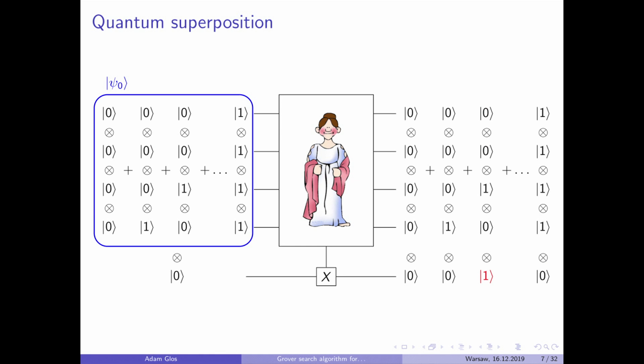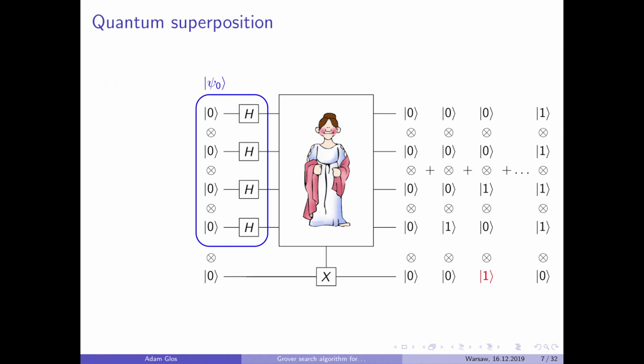So it's something that we could say is a random check, a random query. Obviously, we have another thing to do, which is to prepare this complicated state, but this is actually quite simple using a so-called Hadamard gate. It doesn't matter for now what it is. Let's say it's simple.